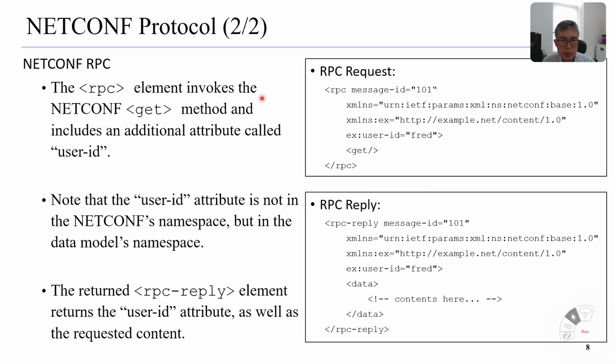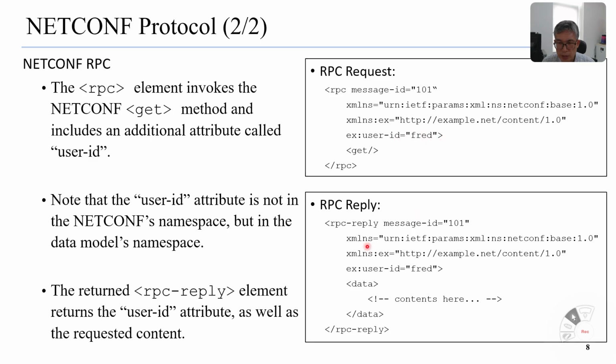So here we can see a NETCONF RPC request and then reply here. The RPC request, remote procedure call, right? Eventually we want to deliver the get message. The parameter is user ID pred.